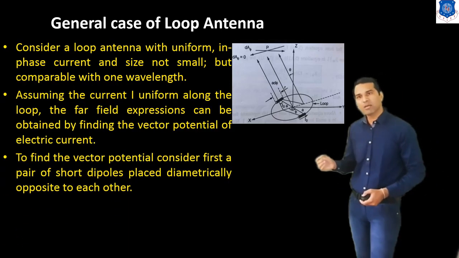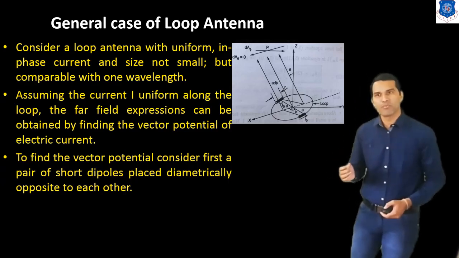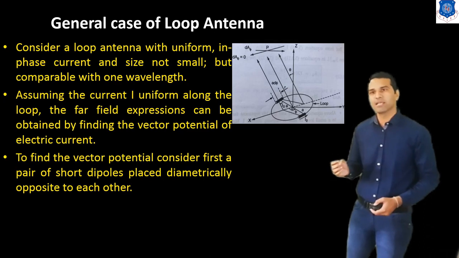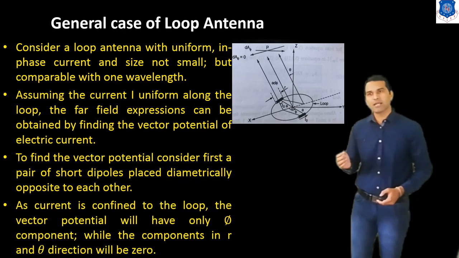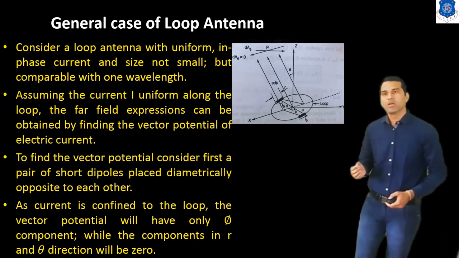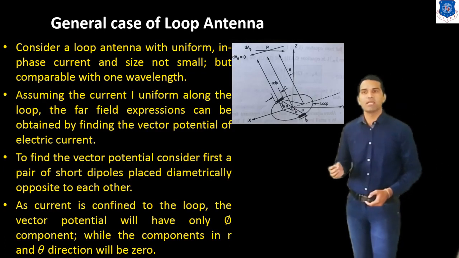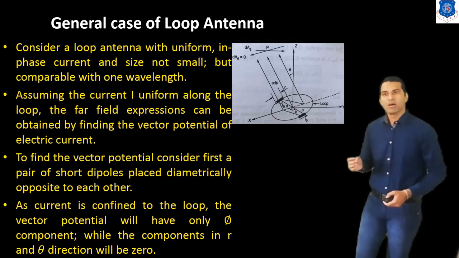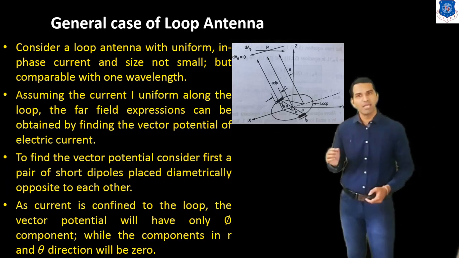To find the vector potential, first consider a pair of short dipoles placed diametrically opposite to each other. As the current is confined to the loop, the vector potential will have only a phi component, while the components in the r and theta directions will be 0.